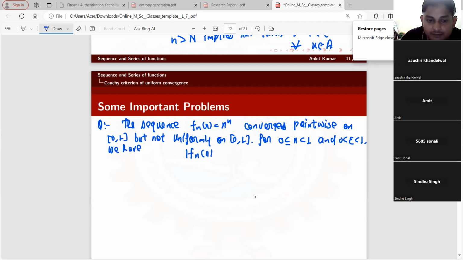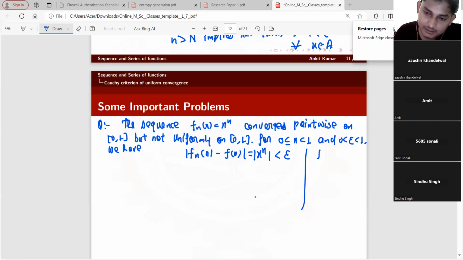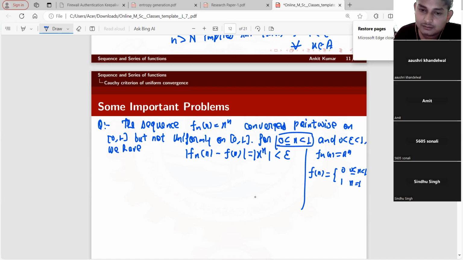mod of f_n(x) minus f(x) is equal to mod of x to the power n, which should be less than epsilon. Because if x lies between 0 and 1, then what is the value of f(x)? Here f_n(x) is x to the power n, then f(x) is 0 when x lies between 0 and 1, and 1 when x is equal to 1. So here we take this domain, and f(x) is equal to 0.